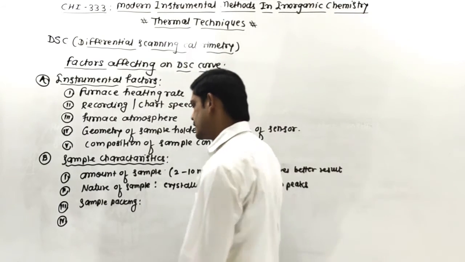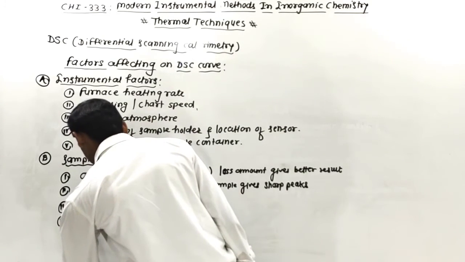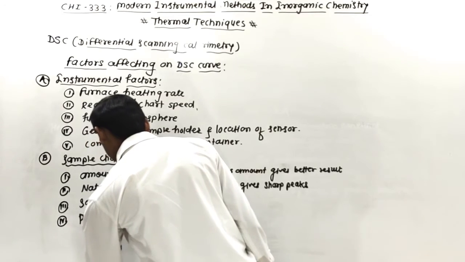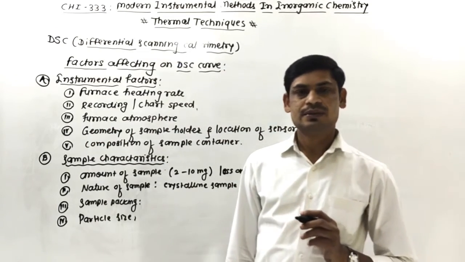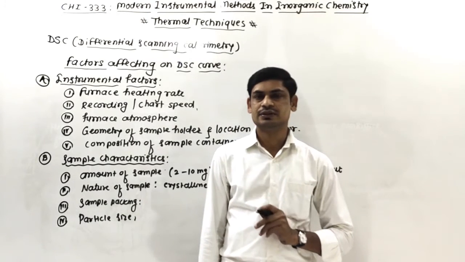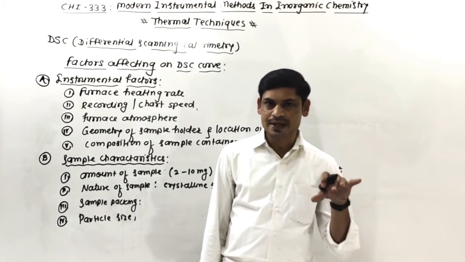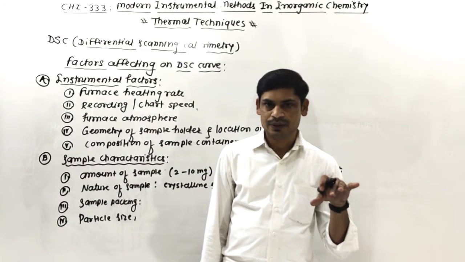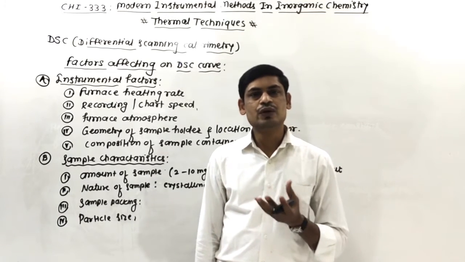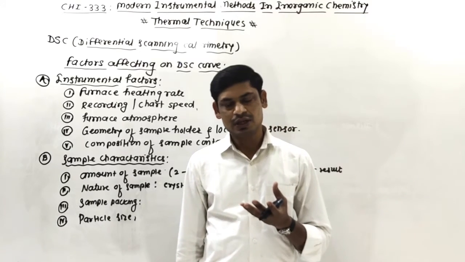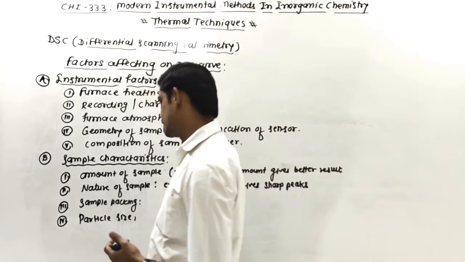Next one is a particle size. Small size particles will give a better result. Small size particles will experience a uniform temperature and therefore it gives a better result.